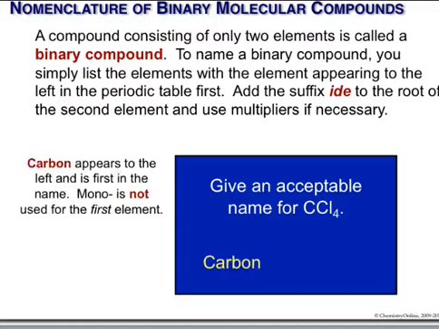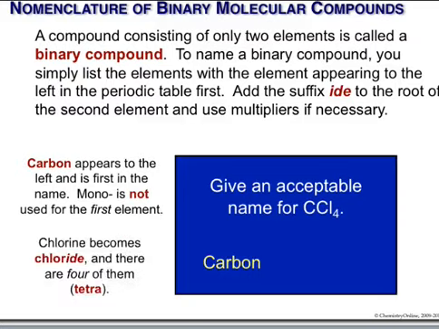Now, our next one is chlorine. That's going to be a chloride, isn't it? But we have 4 of them. What's our multiplier for 4? Tetra. Therefore, this is carbon tetrachloride. Tetrachloride, all one word.